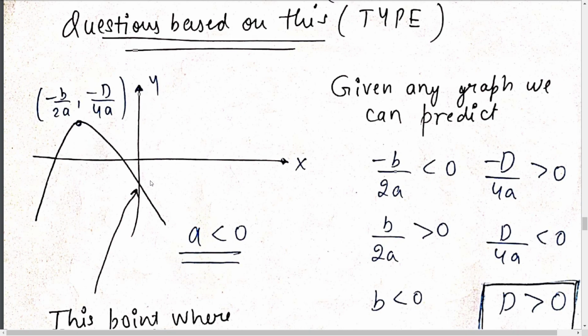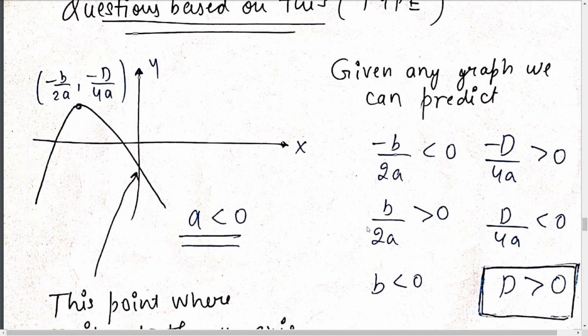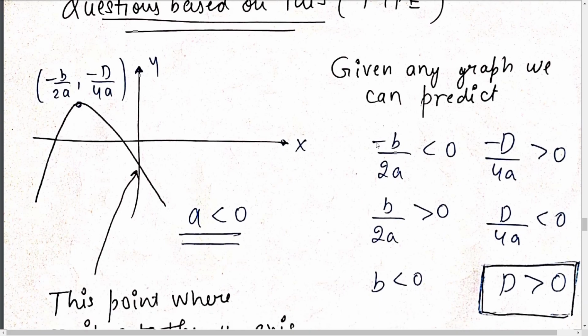Since it's a downward parabola, as I told you in the previous slide, a is less than 0 and minus b by 2a, the x coordinate, is less than 0. So now see here, I've multiplied both sides by minus, so b by 2a will be greater than 0. Why? If minus 5 is less than 0, then 5 will be greater than 0.